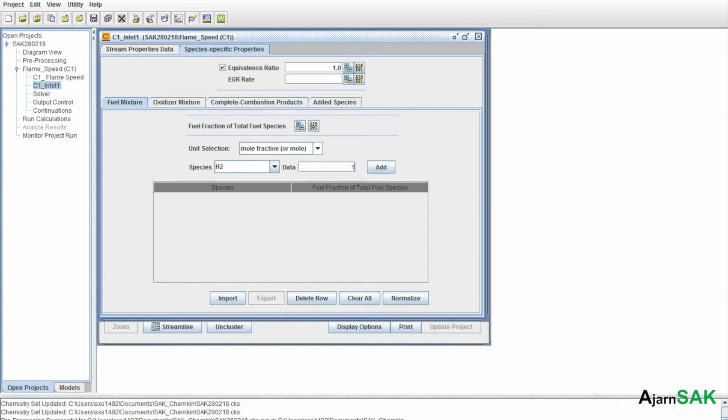If it's volumetric, give it 0.2, 0.8. If it's mass based, you can convert this to mass based 0.2, 0.8.